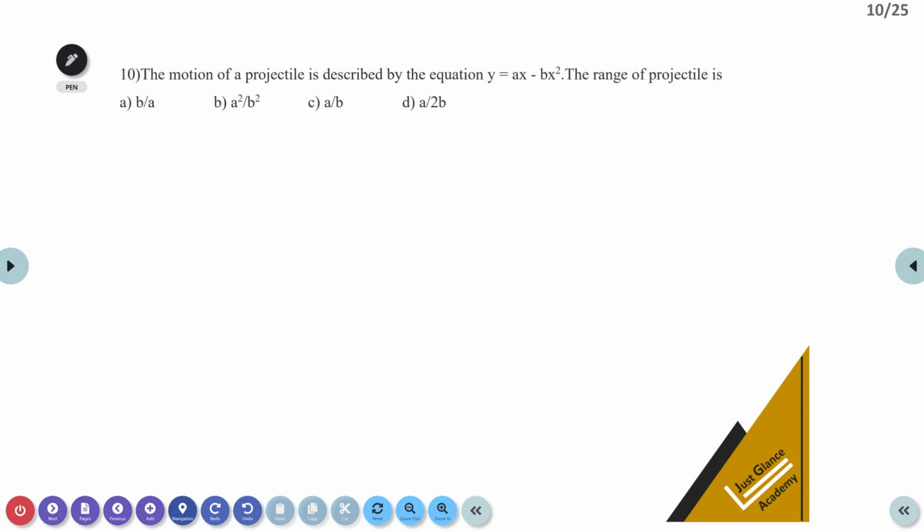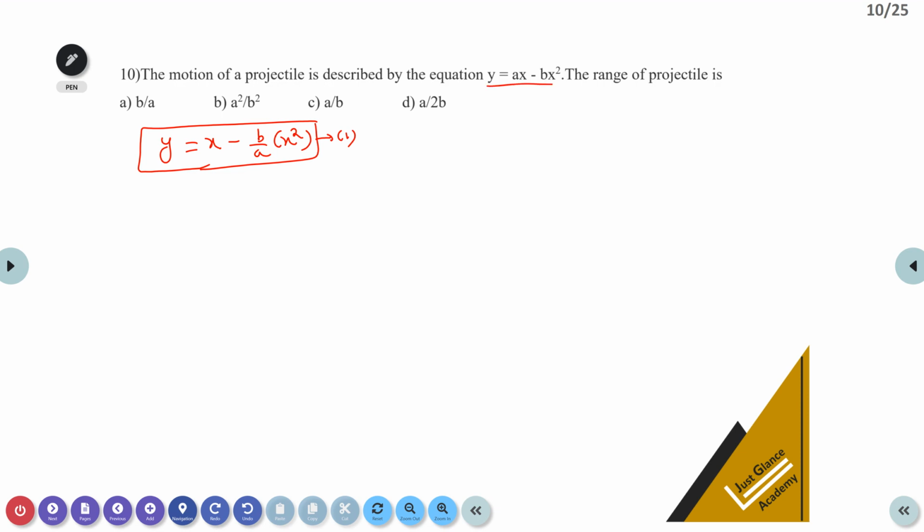What is the range of the projectile? Let's work it out. Here, can I write y equal to x minus b by a of x square? I will write it like this, this is equation number 1.